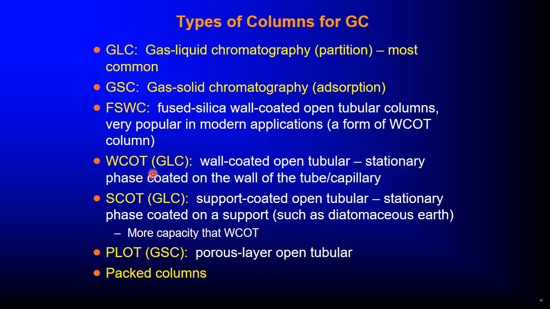Then we have wall coated open tubular: this is stationary phase coated on the wall of a tube, a capillary. Then we have support coated open tubular: stationary phase coated on a support such as diatomaceous earth, more capacity than wall coated open tubular. Then we have porous layer open tubular. Then we have packed columns.